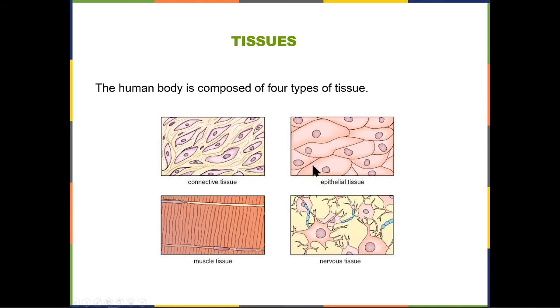Because of this configuration, if we look at this, there's no space in between the cells. It's very densely packed, and it's very good at making barriers. So epithelial tissue is known for making barriers. It's found in both coverings and linings of your body. So your skin is epithelial tissue, right? It's a very good barrier so things don't leak out of your body or get into your body to make you sick.